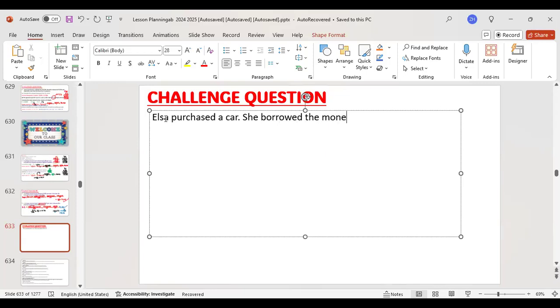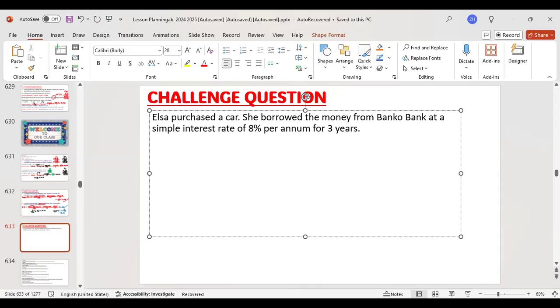All right, Elsa purchased a car. She borrowed the money from Banco Bank at a simple interest rate of 8% per annum for 3 years.